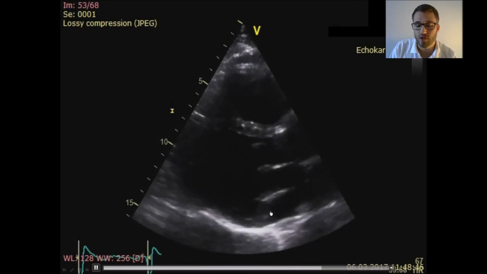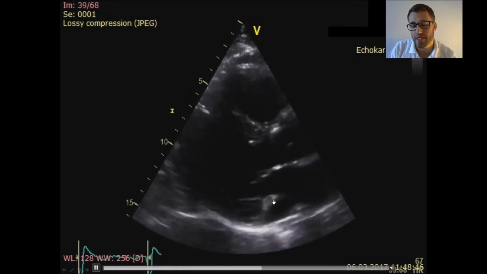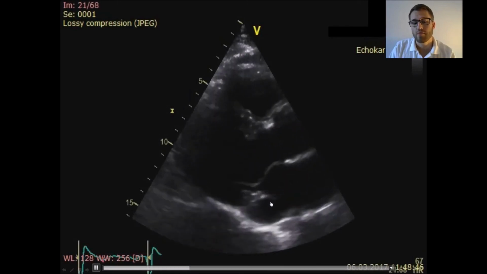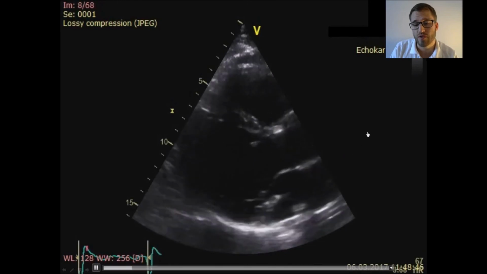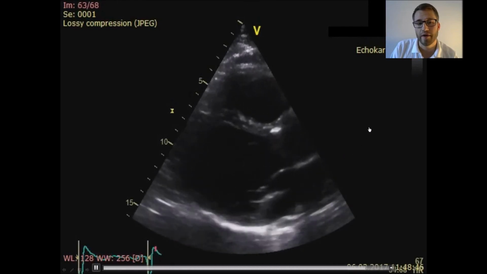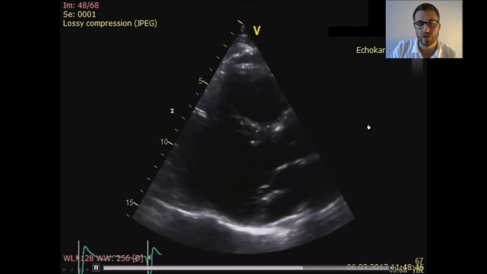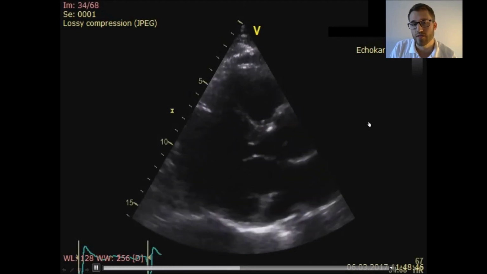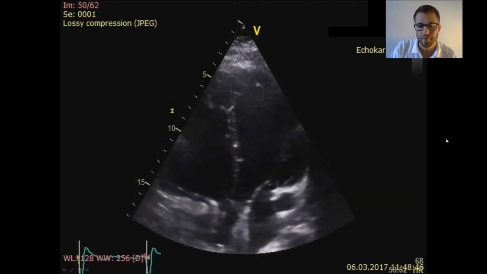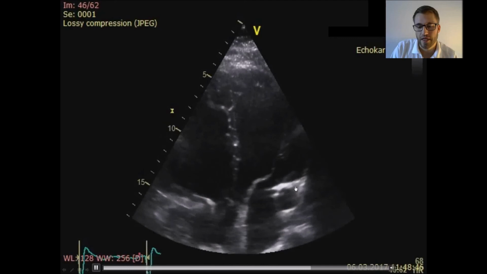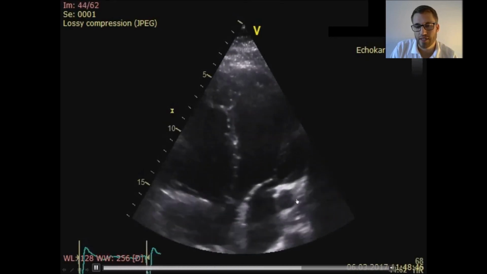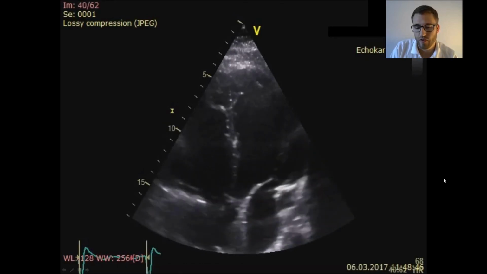And especially if you want to perform a pacemaker implantation, just be prepared for complications if you do it from the left side, and have some different approaches and exit strategies. And here again, this dilated coronary sinus in the apical 4-chamber view.